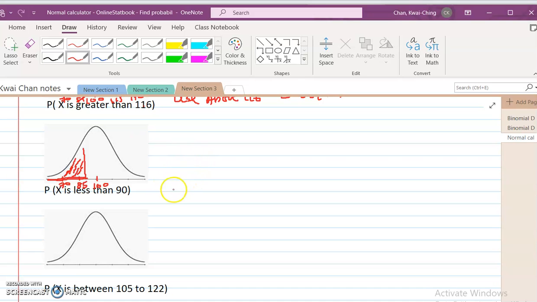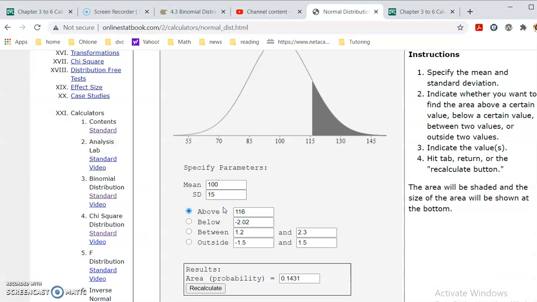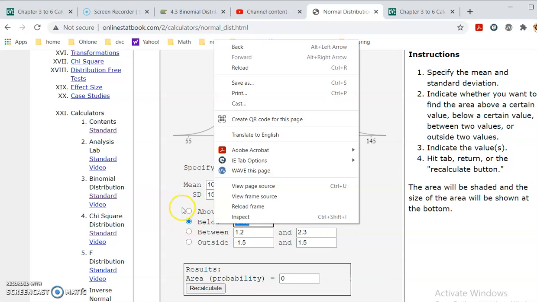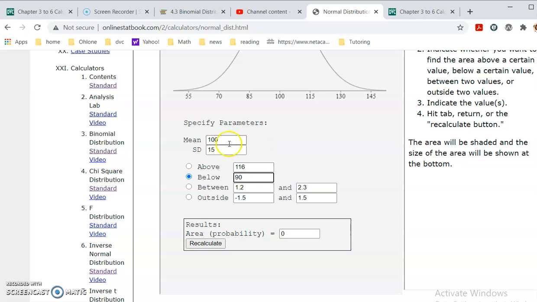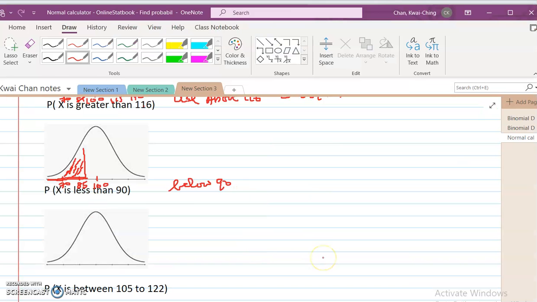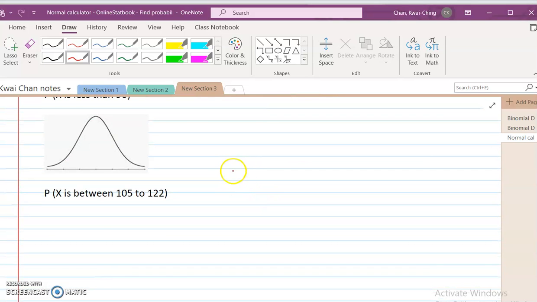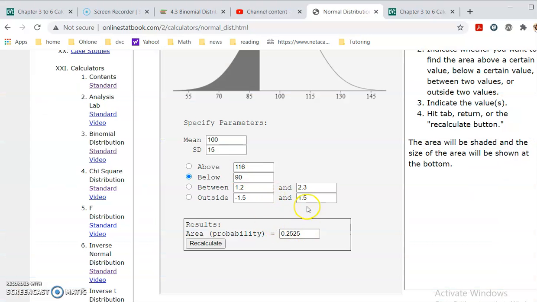This is below, so you will say below 90. Make sure that the mean and standard deviation are correct. The result is 0.2525.